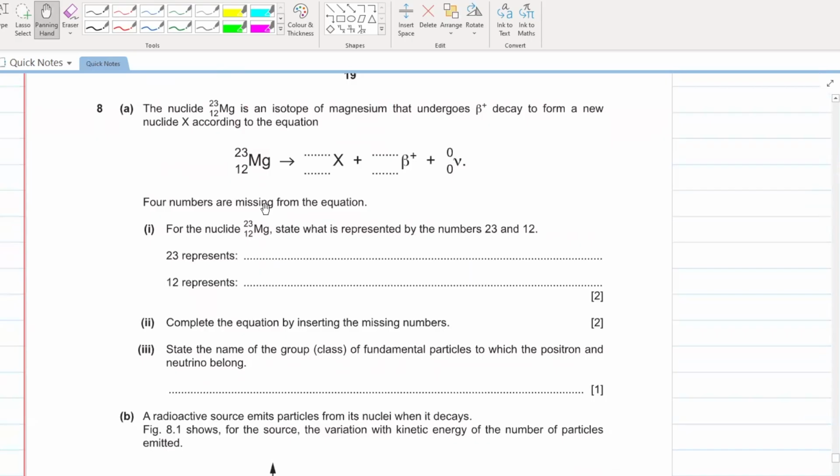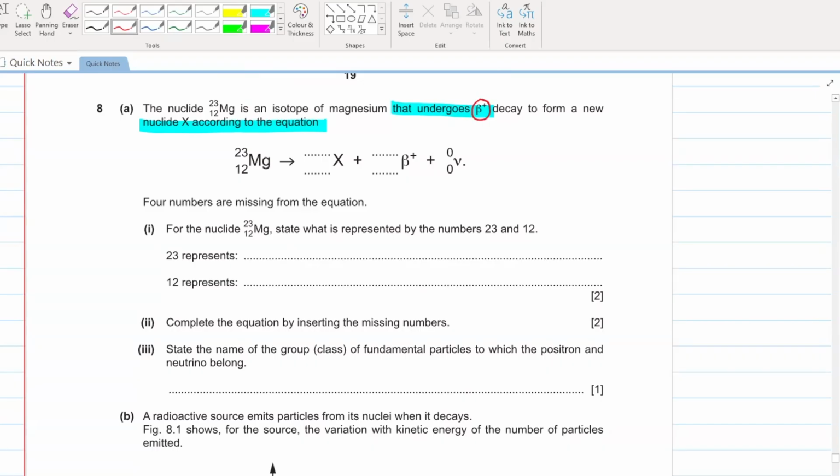The nuclide magnesium-23 is an isotope of magnesium that undergoes beta positive decay to form a new nuclide X according to the equation. Perfect. Whenever you are undergoing beta positive decay, what happens?